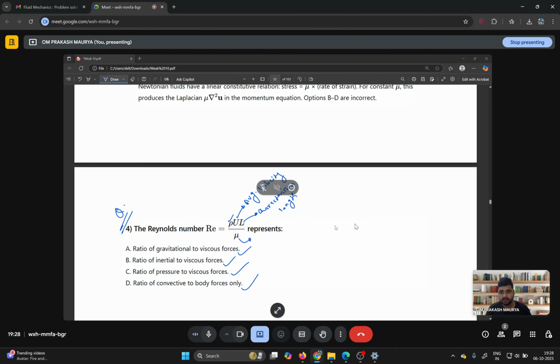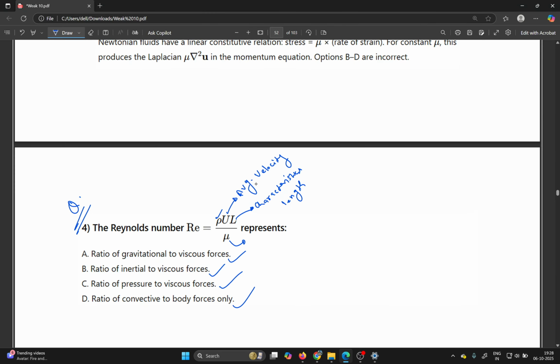So Reynolds number, very easy thing. There is nothing very hard here. Reynolds number is nothing but the inertia force by viscous force. Remember, please. Option B will be correct here.